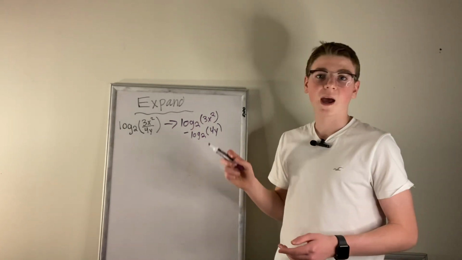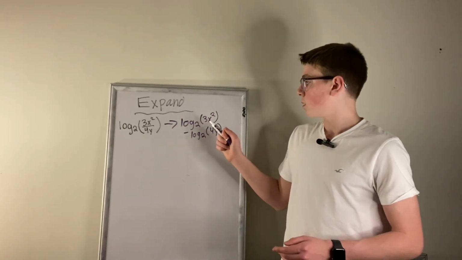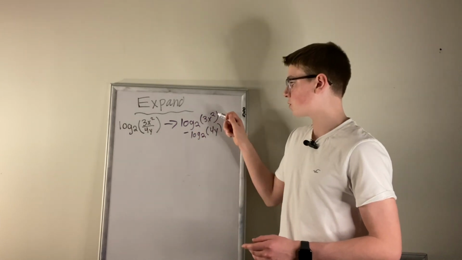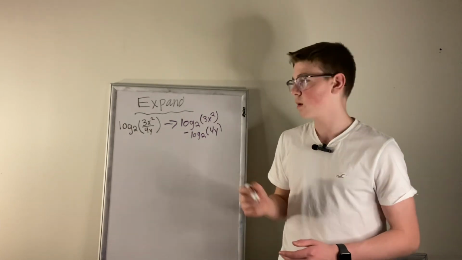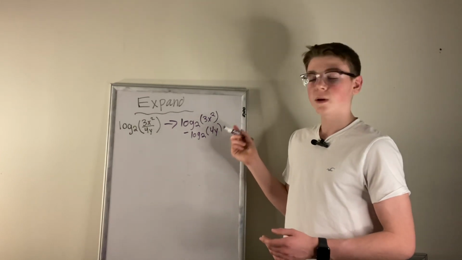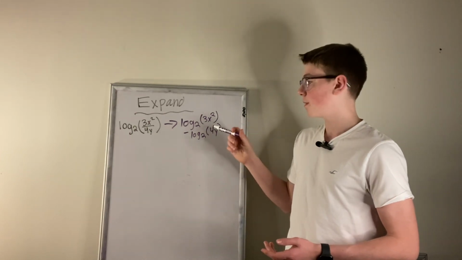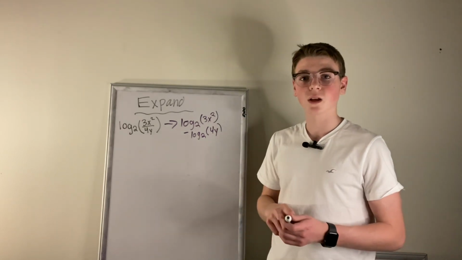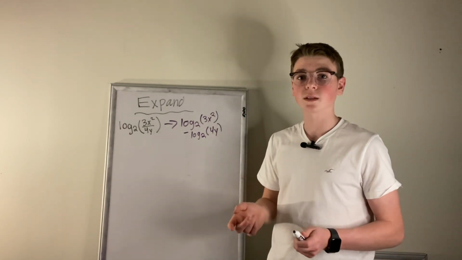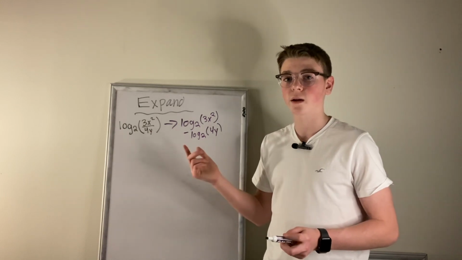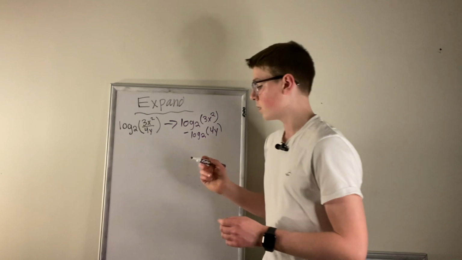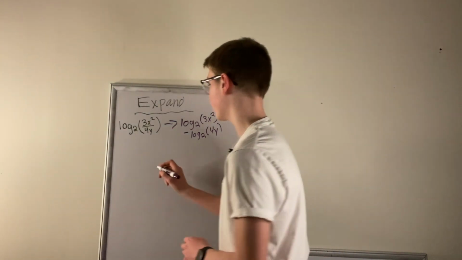Now, that's not it. We have to now expand this 3x squared and this 4y. So what do we do? Well, 3x squared in a logarithm is the same thing as log 3 plus log x squared, because that is our multiplication property. This is why you really have to know your properties.